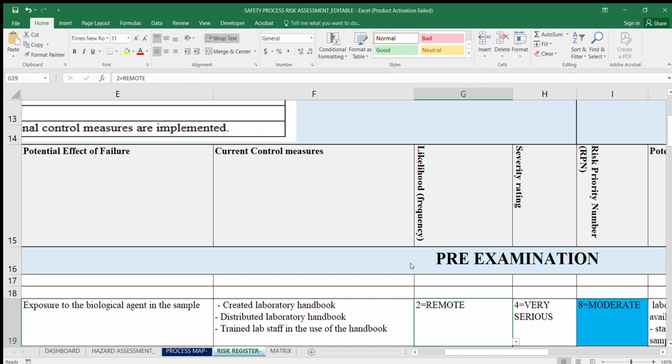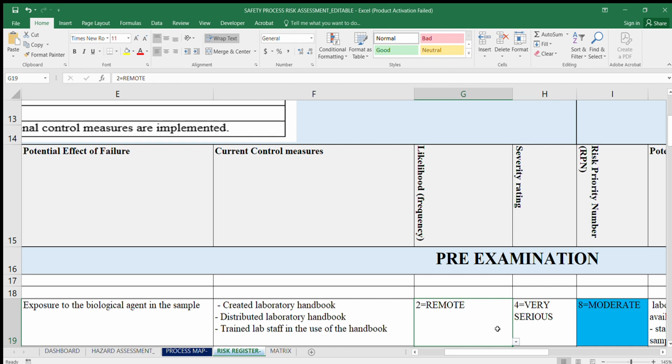For example, to eliminate this particular scenario, you may need to change the way you're collecting the blood, or how you are doing your sample collection. Because if you are still using syringes, it means that this particular scenario may occur. But if you change from using syringes and start using maybe vacuum tubes, it means that you've eliminated this scenario from happening.